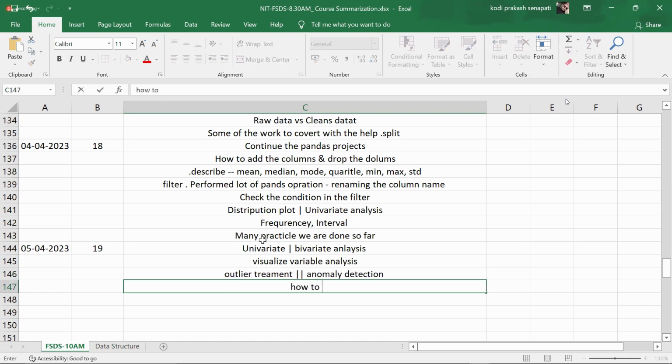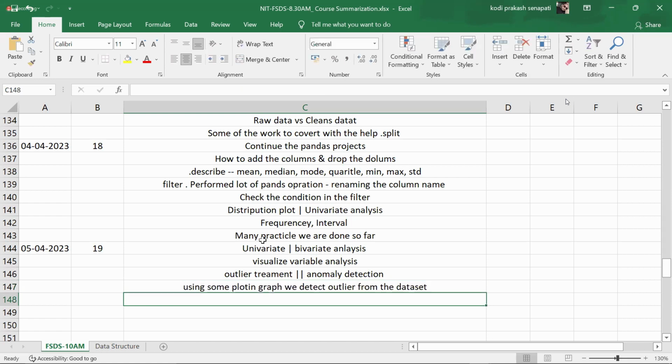How to detect outliers using some plotting graphs, we detect outliers from the data set. Understand or not? Yes, guys. And what else have we done, guys?